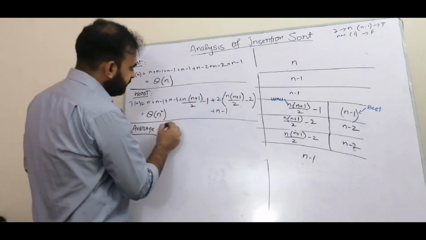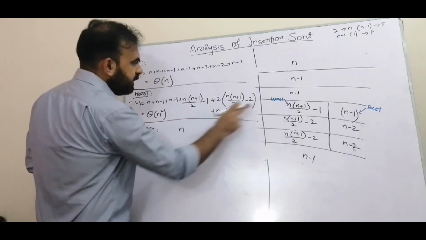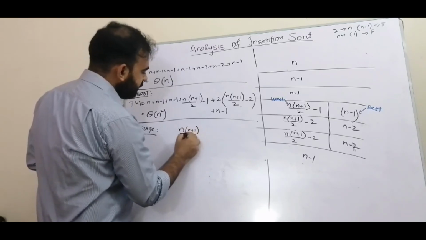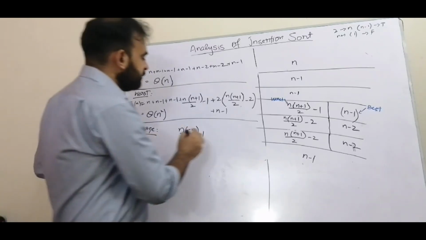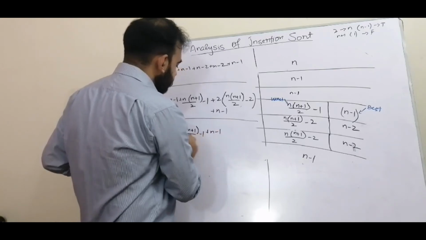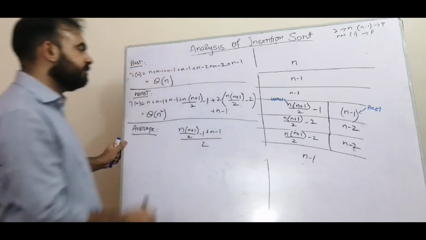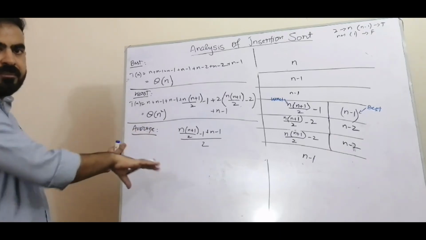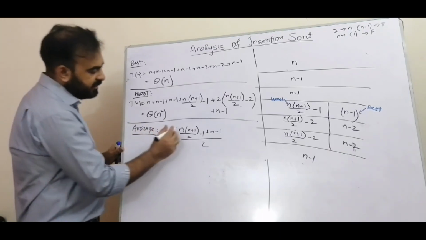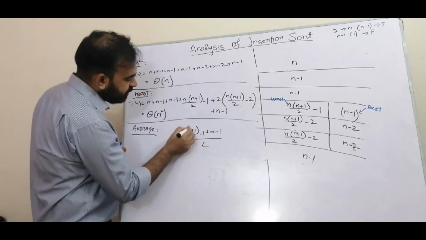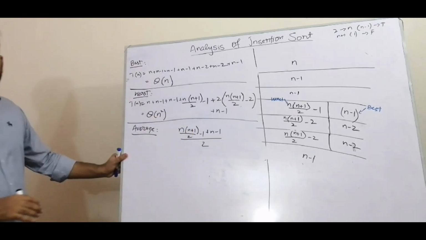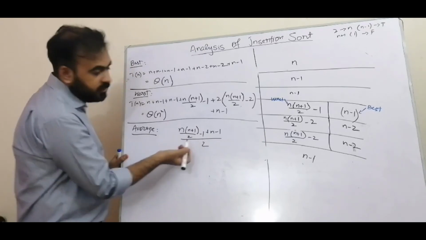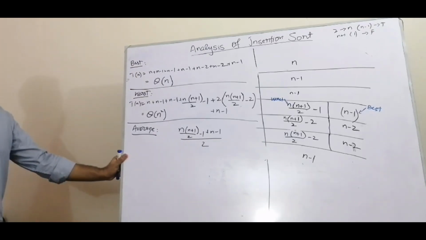So let's do it. So n into n plus 1 divided by 2 minus 1 plus n minus 1, divided by 2. Now, without solving it completely, you can see that there is still an n squared term. Though it will be divided by 2 and then again by 2, maybe by 4, it will still be n squared.